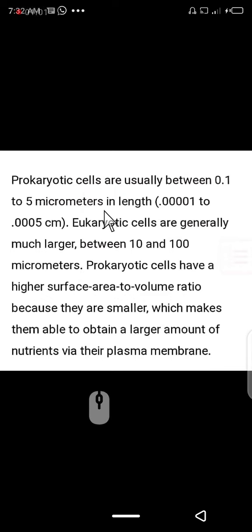Prokaryote cells have a higher surface area to volume ratio because they are smaller, which makes them able to obtain a larger amount of nutrients through the plasma membrane. So this is the length that they have, and eukaryotes have a bigger length, 10 to 100 micrometers.